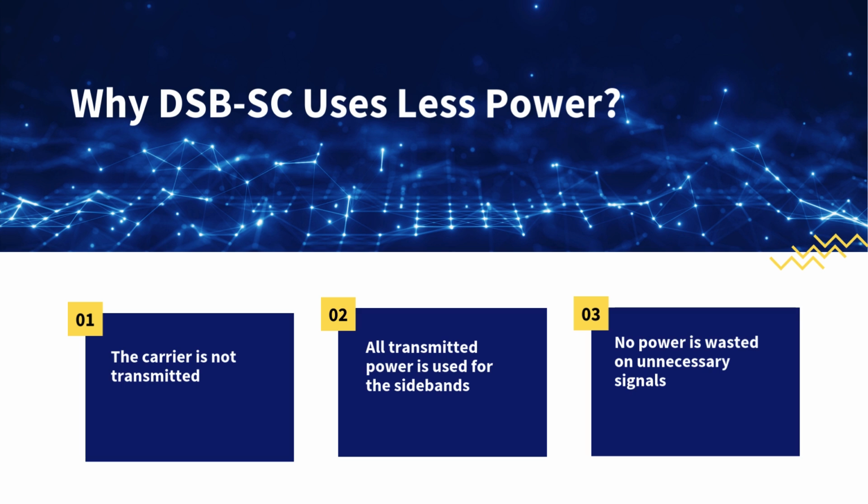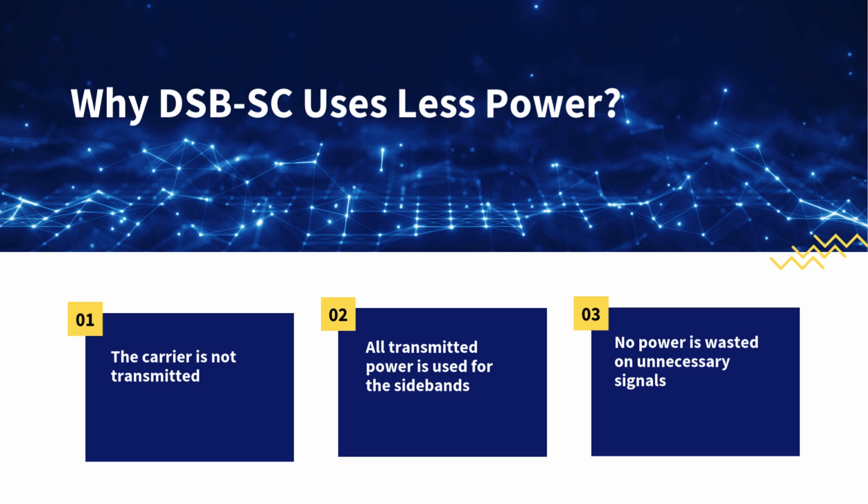Next, why does DSBSC use less power? In a full amplitude modulation system, a large portion of power is wasted transmitting the carrier signal, even though it carries no useful data.